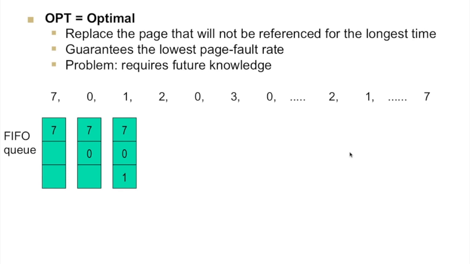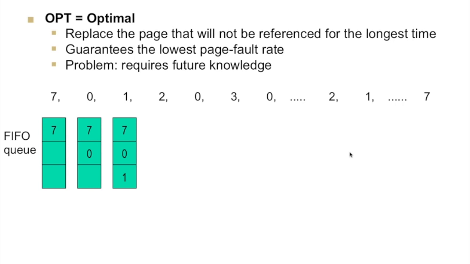Well, we're going to look in the future. We have 7, 0, and 1. And we're going to look in the future and see which one is used most distantly into the future. And we can see 0 is used almost immediately, so we don't want to get rid of 0. Then we're going to see that 3, 0 again, eventually 2, and then 1.